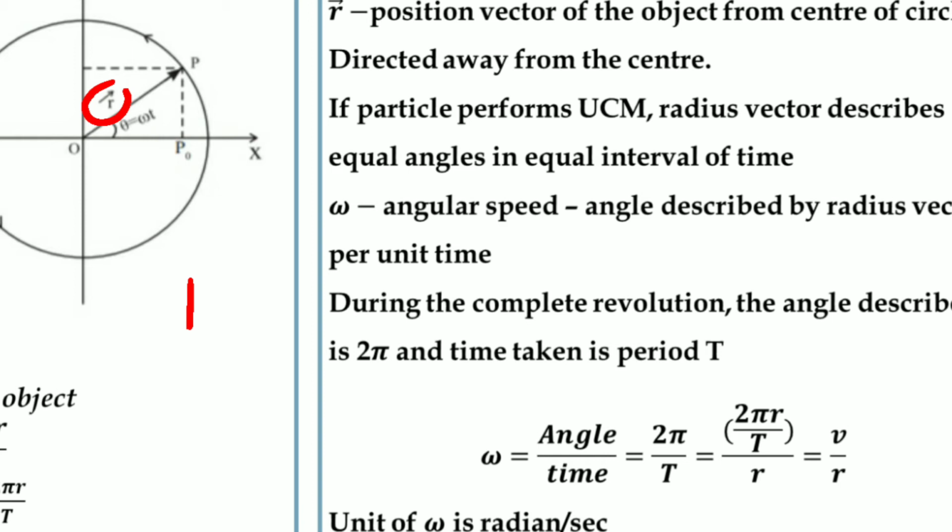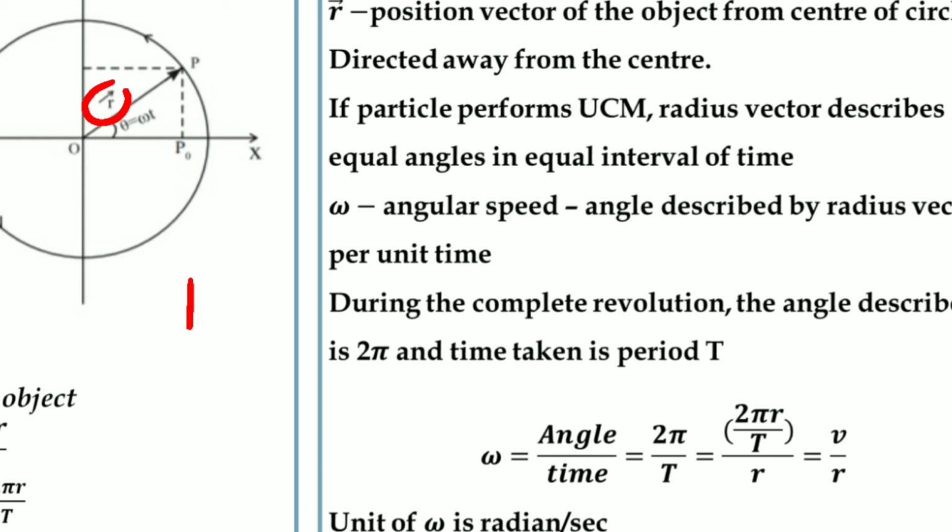Pi is 180, and 2 into 180 is 360, a total circle. Then omega is equal to the angle described by the radius vector per unit time, which is angle divided by time. The angle is 2 pi, so omega equals 2 pi divided by T.